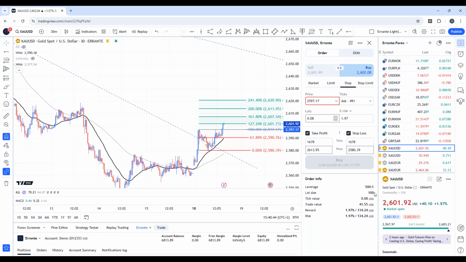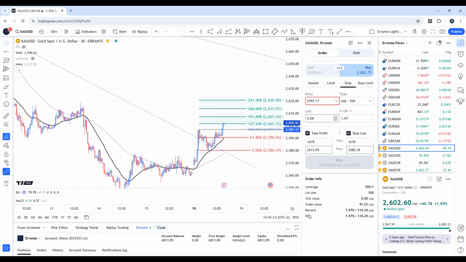Lot size here means the amount that consists of one lot, which is a contract size, okay? And the tick value for now, based on the trade we are taking, is just 8 cents. Why? Because the trade value is the required margin I need based on the leverage I'm choosing.